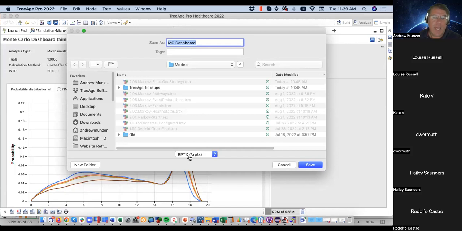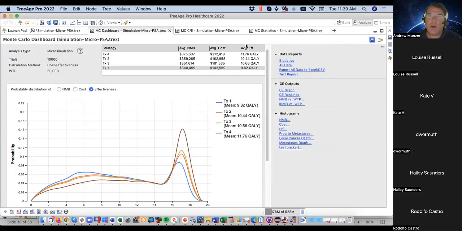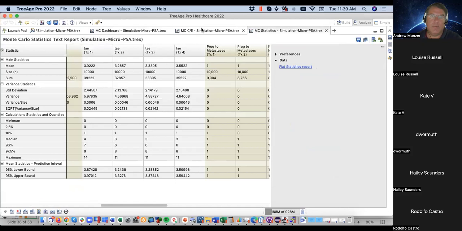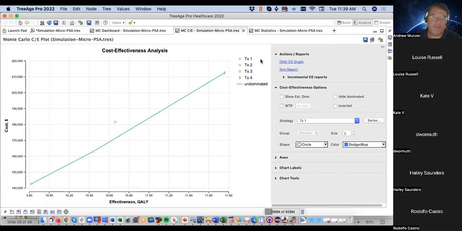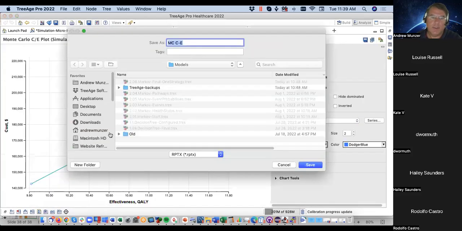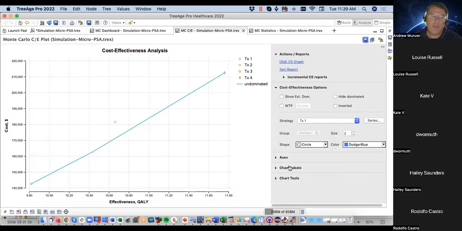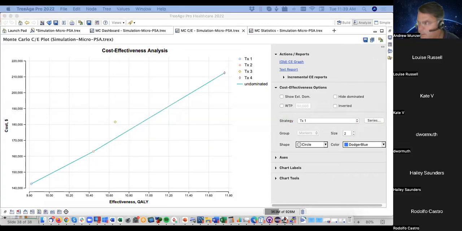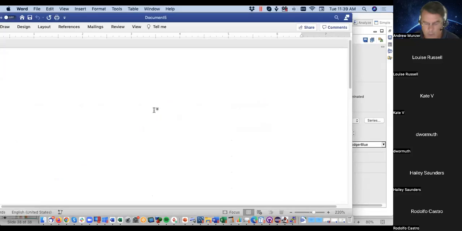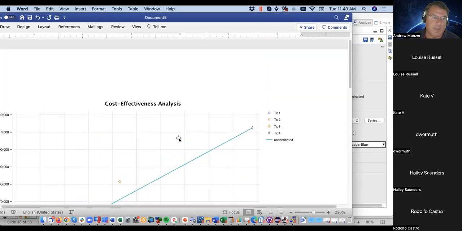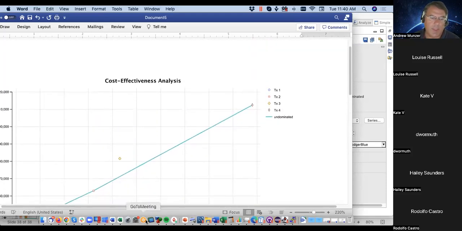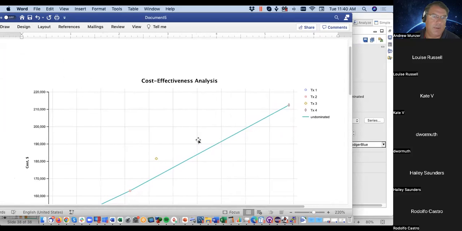Okay, thank you. And that's not just true for the dashboard. That would be true for, let's say, this graph. You could save that graph as well as an RPTX file. Another thing you can do is copy it, and you can paste that graph right into a document, whether that's PowerPoint or whatever.